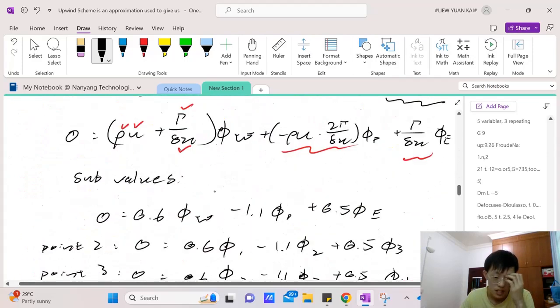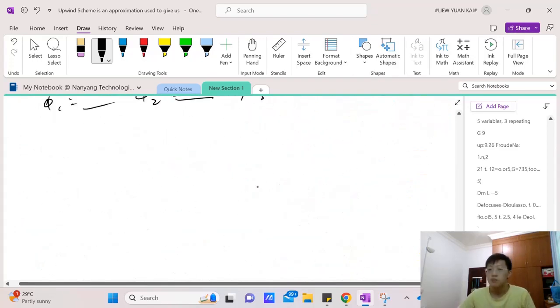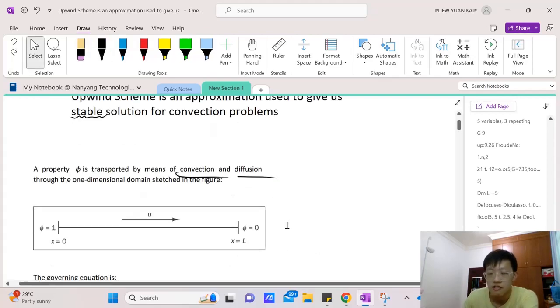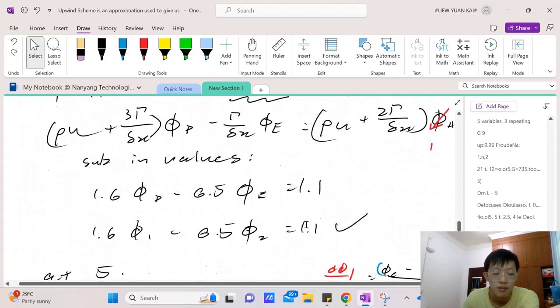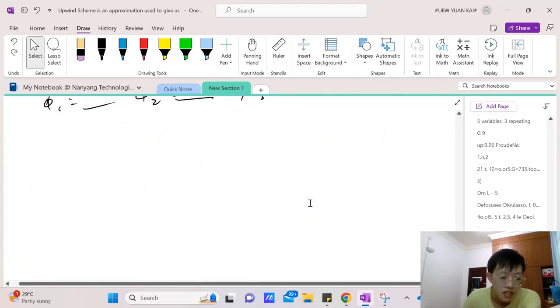So in this problem, we have phi blowing to the right. Correct. So what happens if we have phi blowing to the left? It's a possibility, right? The fluid can always flow towards the left side, depending on how we want to make it flow. So let's have a look.